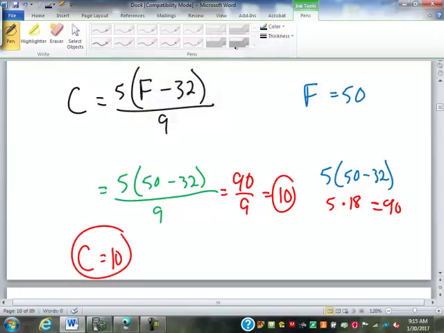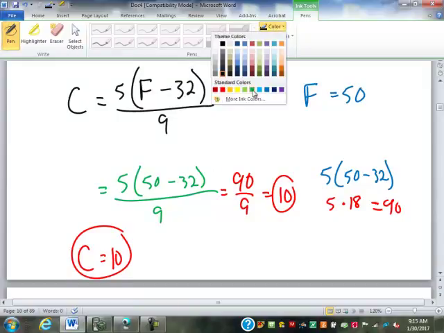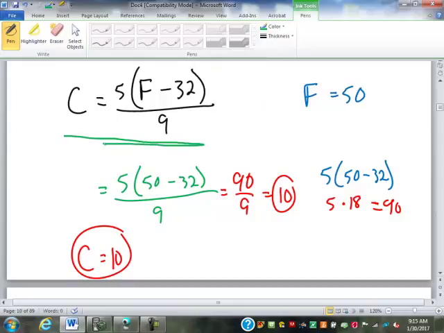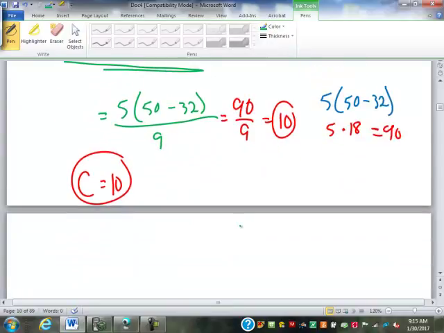At some point, we're going to go the other direction where you might be given a formula like this and be told if the Celsius temperature is 20, what was the Fahrenheit temperature? That's something we'll look at in the next couple of classes, Wednesday and Thursday.